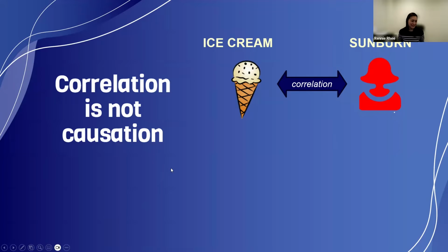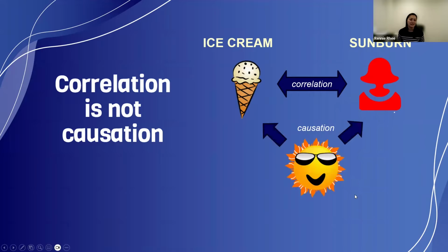I think an example is if we were to make the correct observation that the more ice cream is consumed, the more sunburns occur. That would be a correlation, but of course we know that the ice cream is not causing sunburns. In fact, there's another factor that's associated with both of these, the temperature, that is resulting in this relationship.